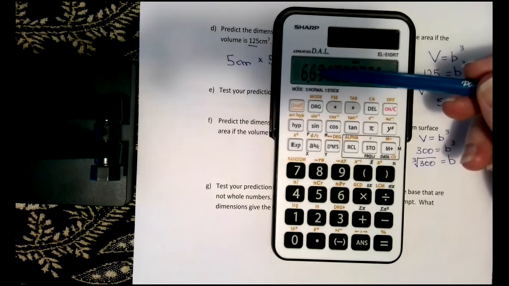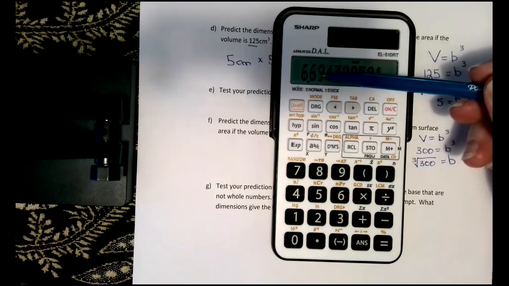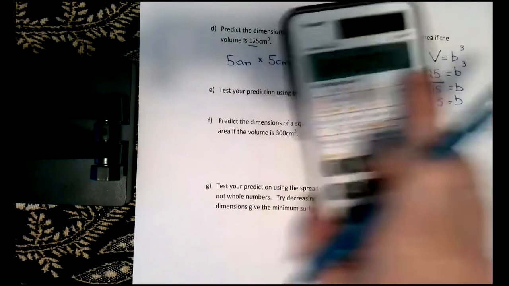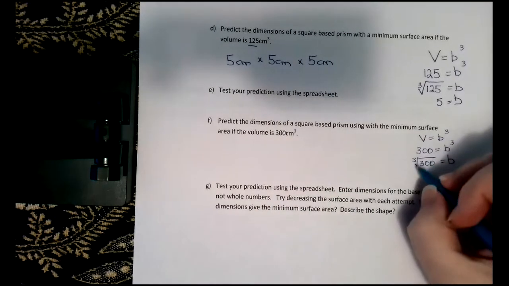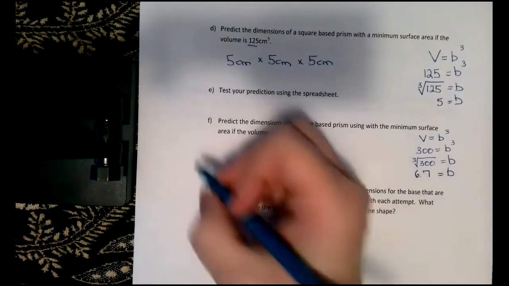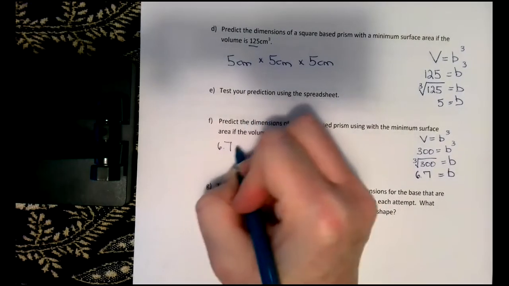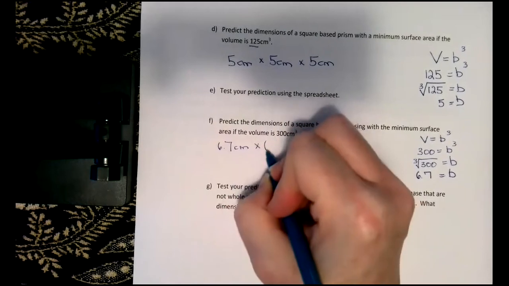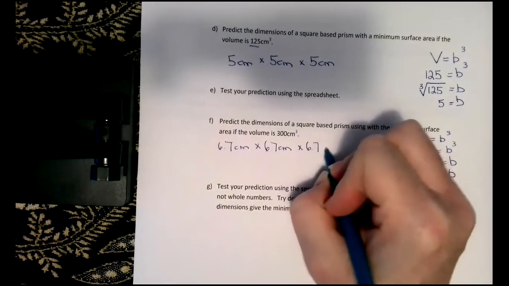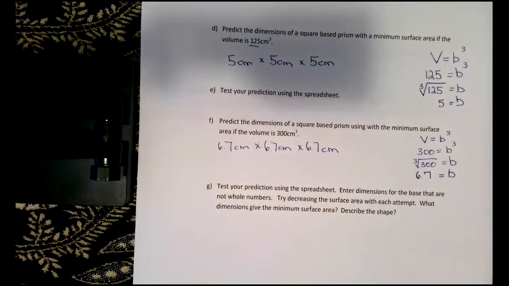I'm going to round it to 1 decimal. I look after the 6, it's a 9, which is more than 5, so I round up, and it becomes 6.7. So 6.7 is what I think my base is going to be, and what I think my height is going to be. So 6.7 by 6.7 by 6.7. I'm going to go ahead and use my spreadsheet to see if that's correct.